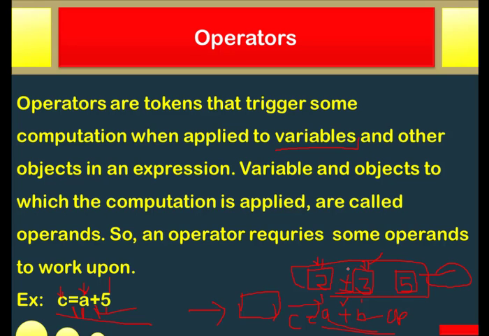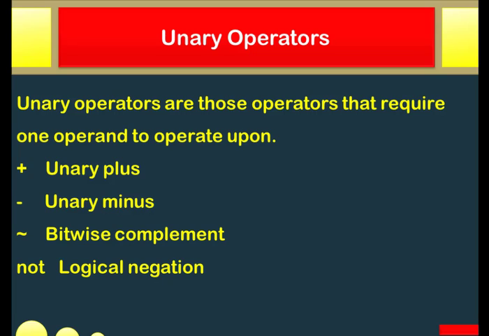But some operators require only one operand. These are called unary: unary plus, unary minus, bitwise complement, and the not operator, logical negation. We will learn about these in the next chapter.